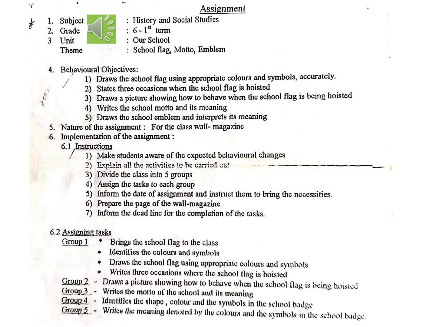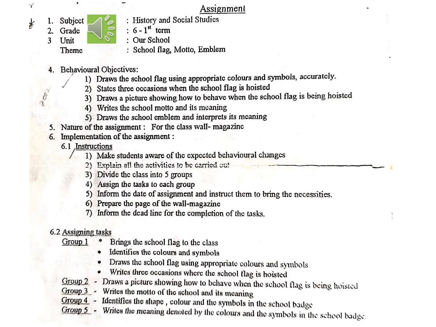Now we'll see group 1. What's the task? So the group 1 students have to bring the school flag to the class. It's in the office now, so they have to get permission from the principal and bring the school flag to the class. Identifies the colors and symbols, right, the true colors, and the symbols also. What are the colors that they can find in the school flag, and the symbols also.